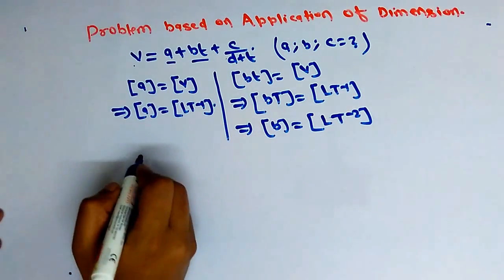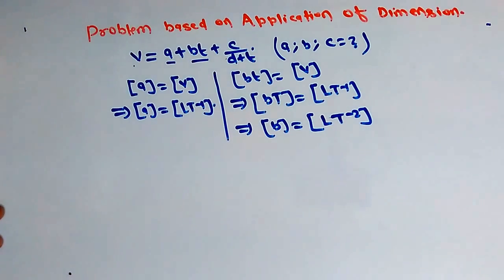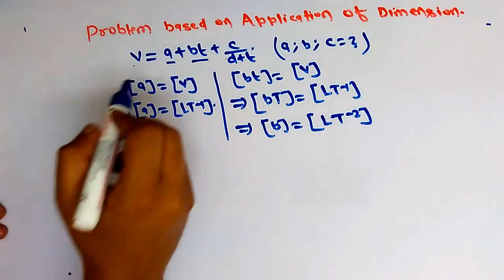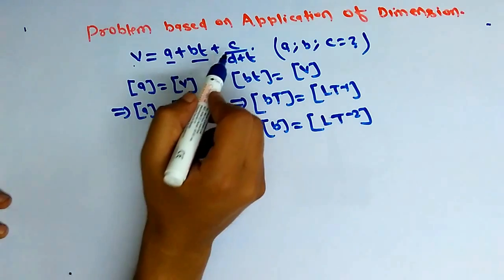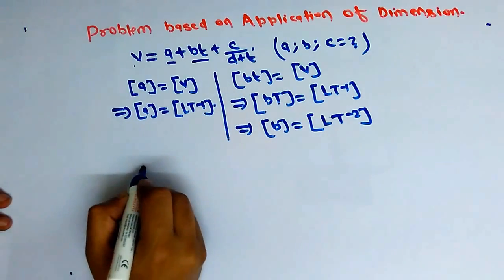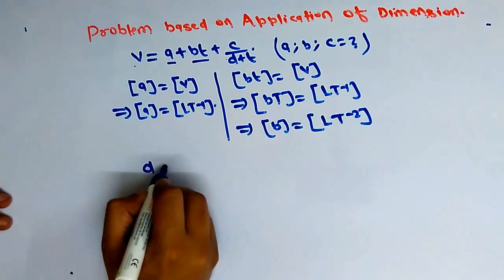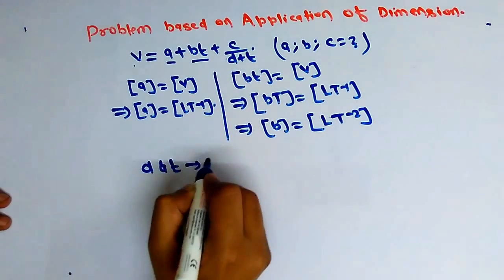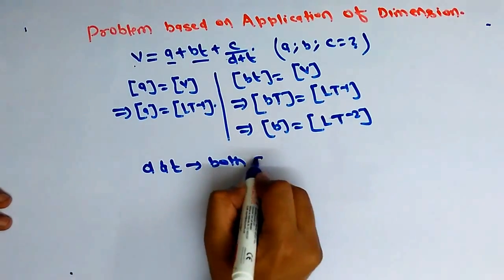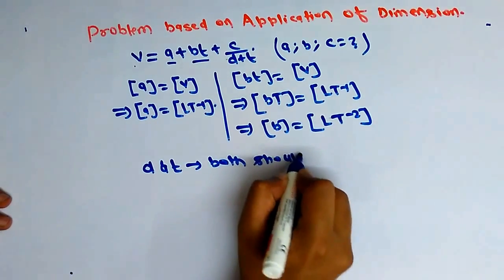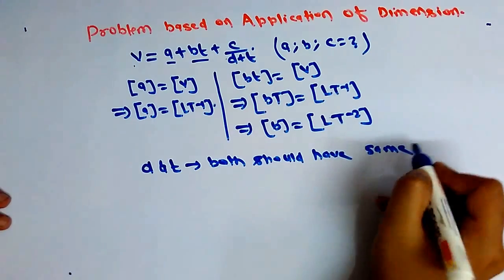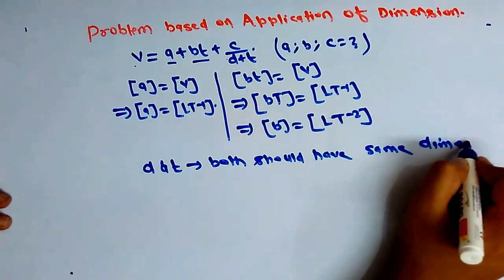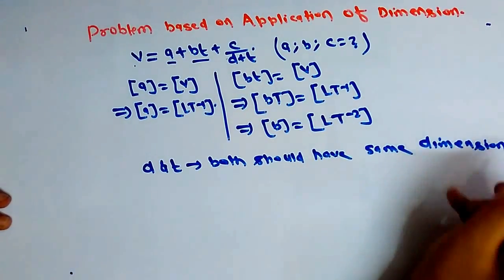Now the third one. For calculating c and d, each term has a dimension of velocity. First of all, d and t both should have the same dimension.